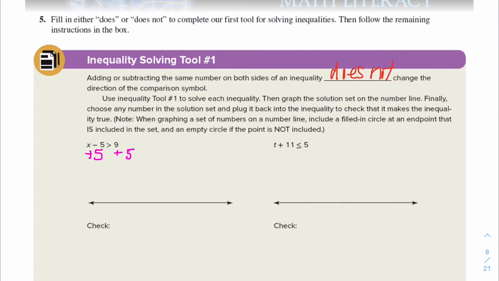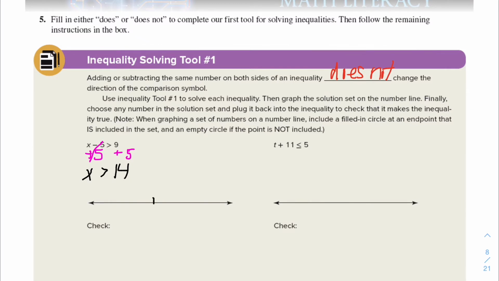So that will make the 5 and negative 5 cancel. And what we're left with is x is greater than 9 plus 5, so 14. So the values of x that satisfy this inequality are values that are bigger than 14.